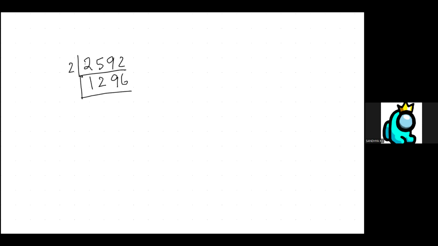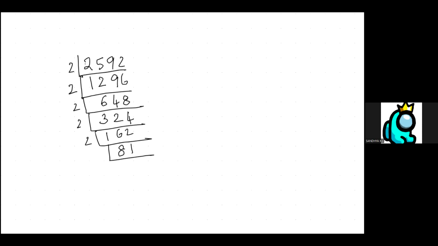Then 2, 6 2s are 12, 4 2s are 8, 8 2s are 16. Then again divided by 2, 3 2s are 6, 2 2s are 4, 4 2s are 8, then 2, 1 2s are 2, 6 2s are 12, 2 2s are 4, divided by 2, 8 2s are 16, 1 2s are 2, then 81 came.